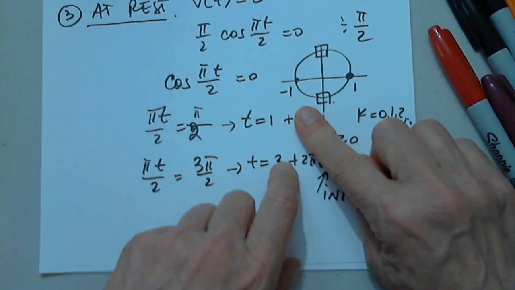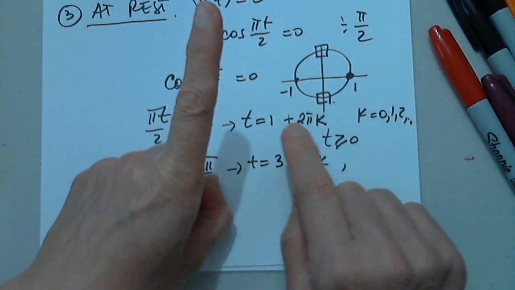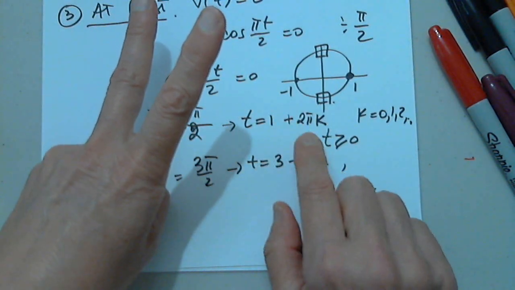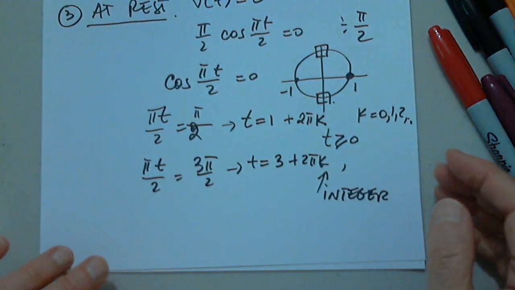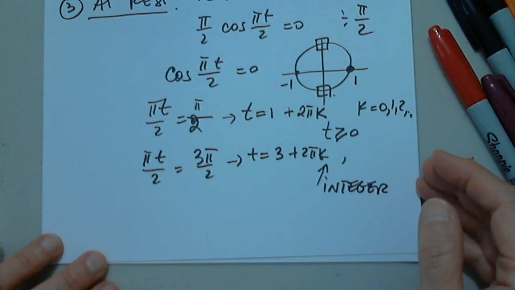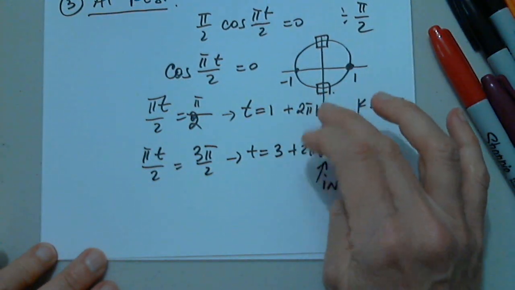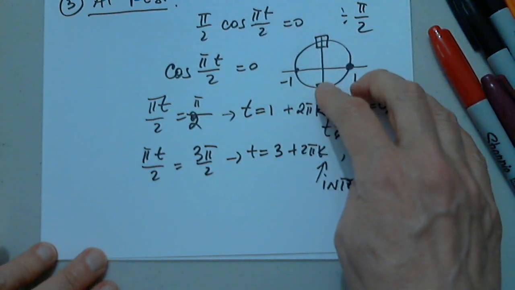When k is 0, I have 1. When k is 1, I have 1 plus 2 pi. When k is 2, I have 1 plus 4 pi. When k is 3, and so on and so forth. Okay? So I have to have multiples. Now, why this works is because I get these two solutions at all times.